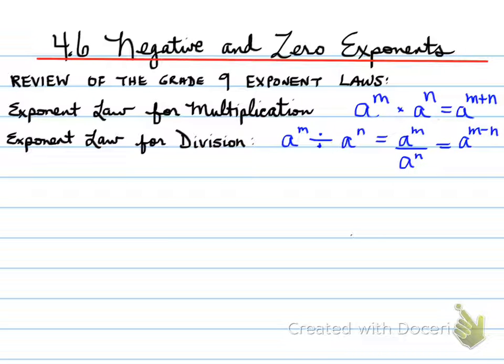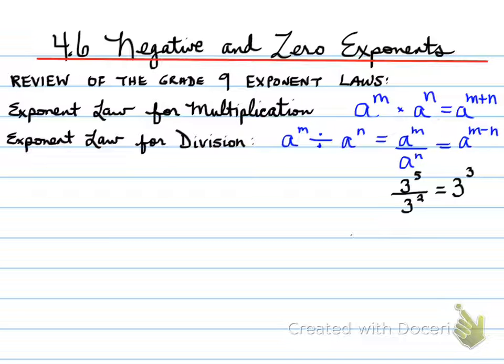So an example of that, let's say 3 to the power of 5 divided by 3 to the power of 2. Since there are two powers with the same base, I can keep the same base and subtract the exponents. So I will take 5 and take away 2, and that will give me 3.